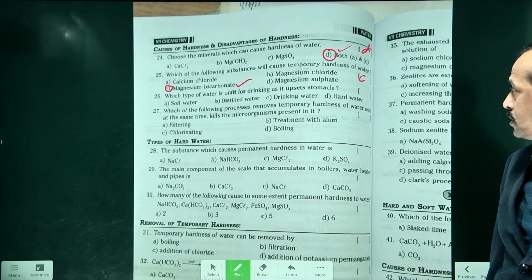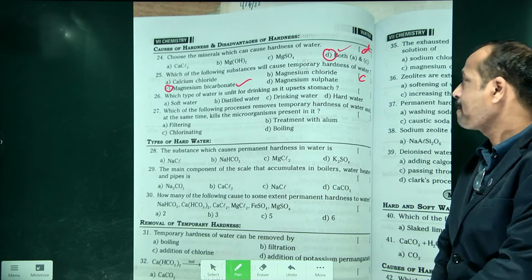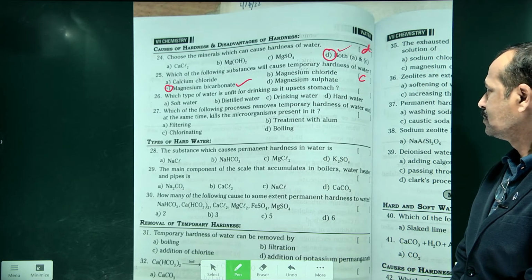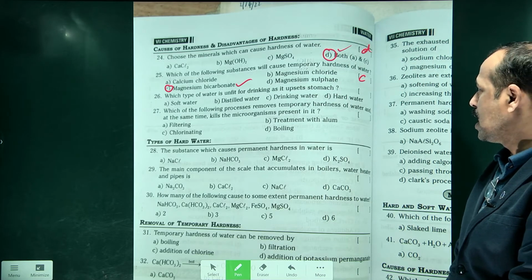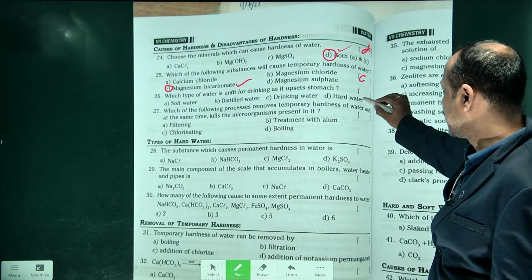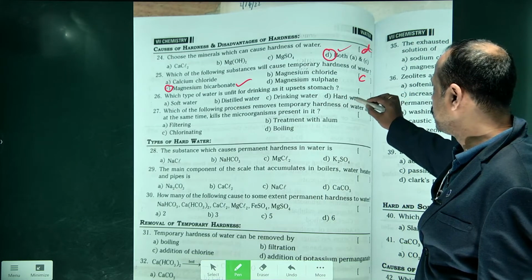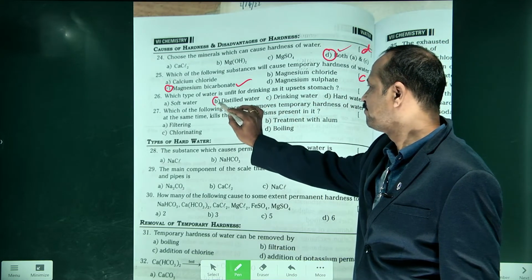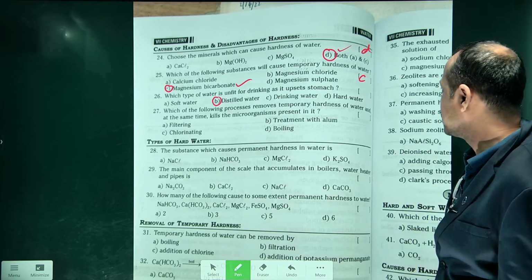Which type of water is unfit for drinking as it upsets the stomach? Sir, hard water, sir. Okay, hard water is the right answer. But actually, you should not drink distilled water. Upset the stomach is given, no?